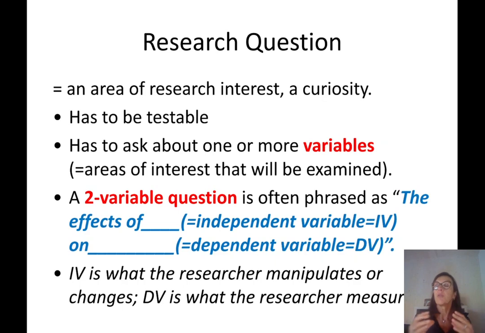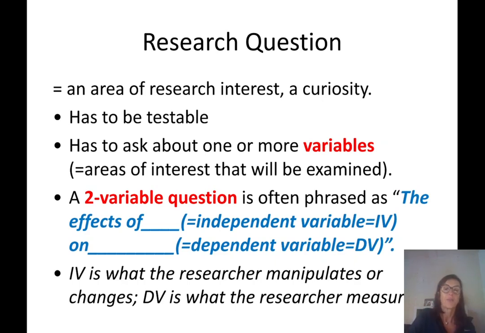When I phrase my research question as the effects of, whatever follows of is my independent variable and on is my dependent variable. That's what I measure. The independent variable is what, as the researcher, I can change and manipulate. And the dependent variable is what I measure.